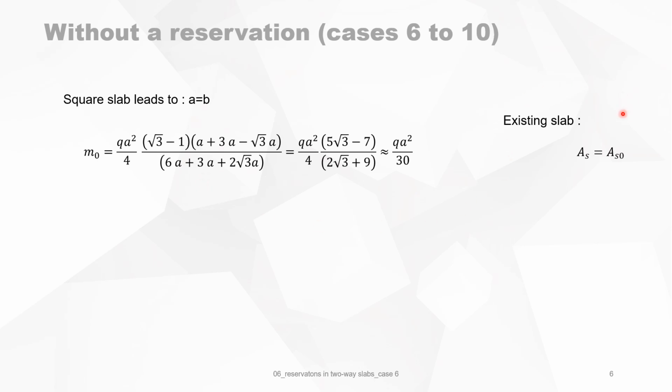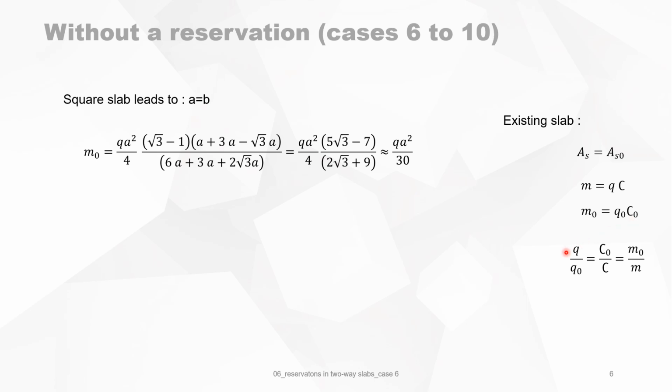Now let's look at an existing slab. The reinforcement in an existing slab without a reservation, we call it AS0. The maximum bending moment of the slab with a hole is M and is proportional to the load Q. And M0, which is the original design value of the slab without a hole, is Q0 times C0.